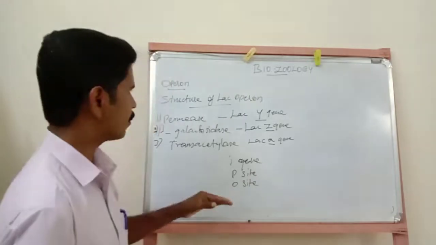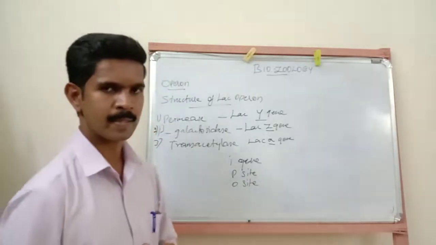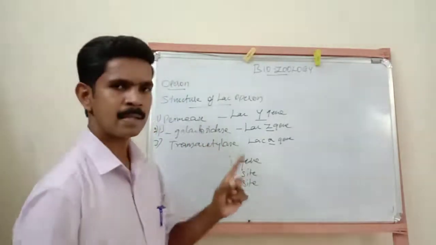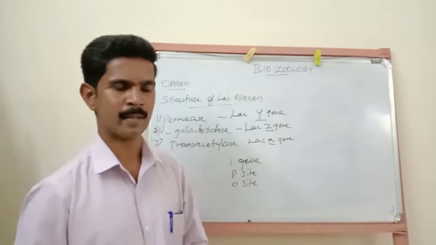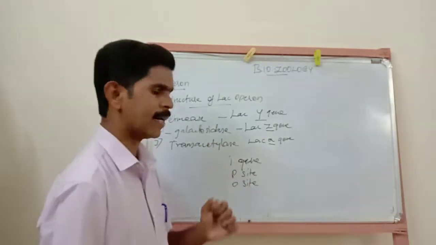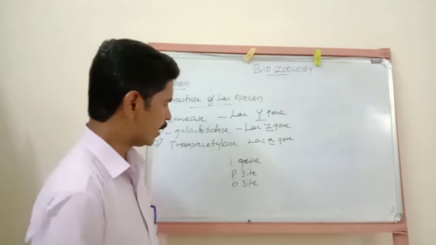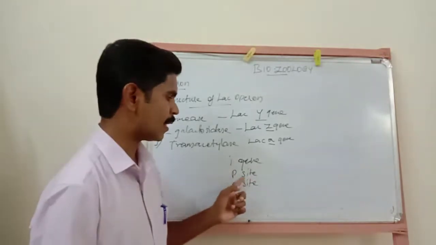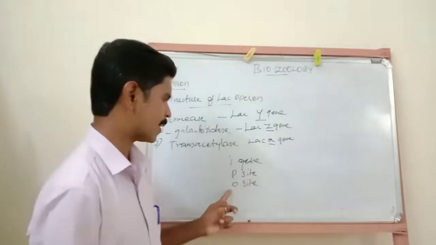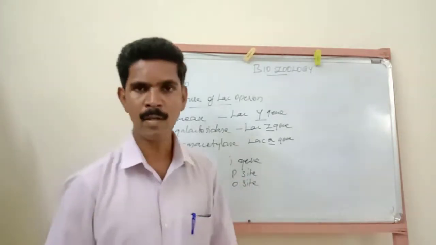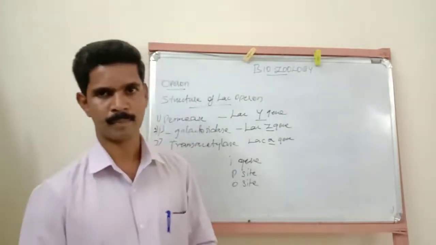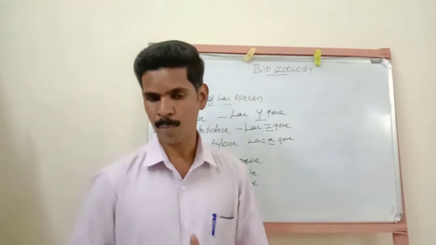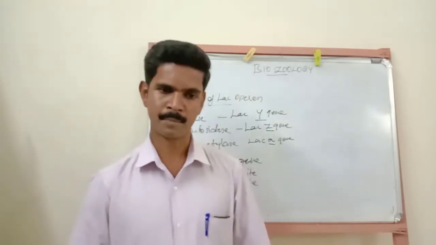So the second point about this lac operon is, it consists of a regulator gene, named the I gene. Then it has 2 sites: one is the promoter site, the P site, and the second is the operator site, the O site. Understand, my students? I hope you all understood these points.